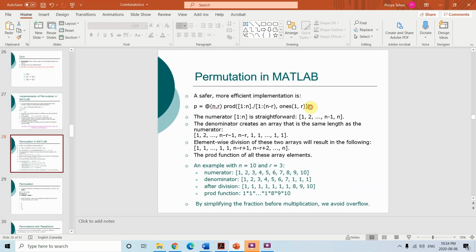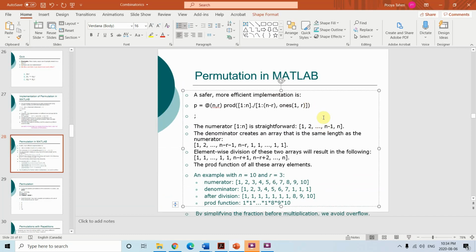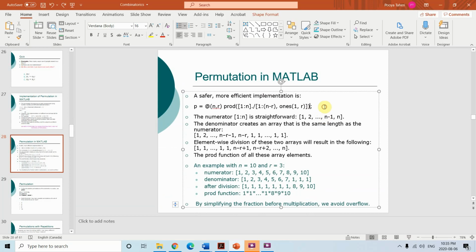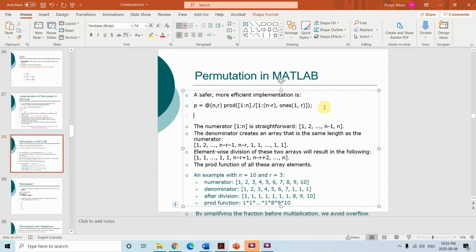Another way of doing this, let me show you again. I could also make the same matrix by saying we would have ones of 1 comma.